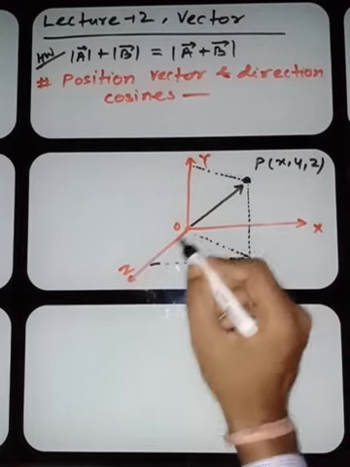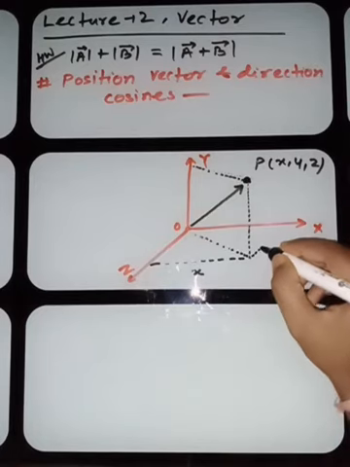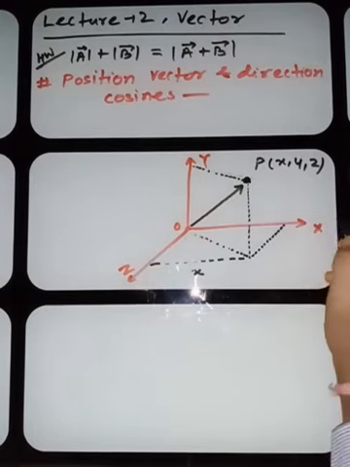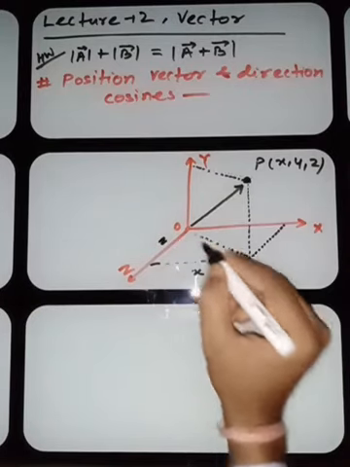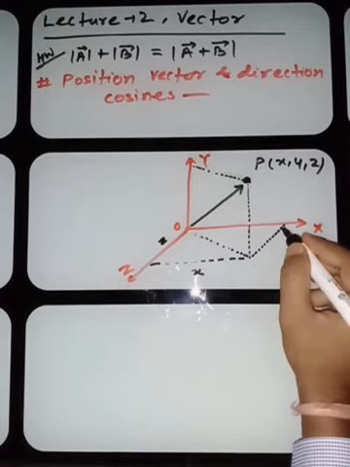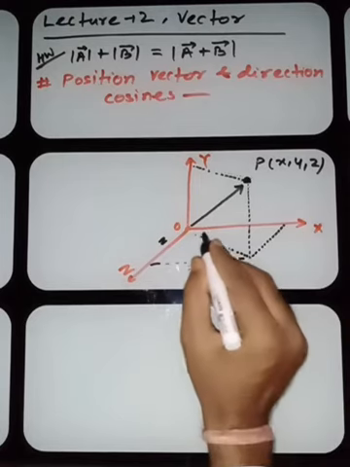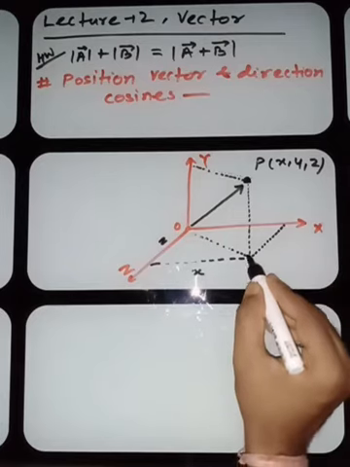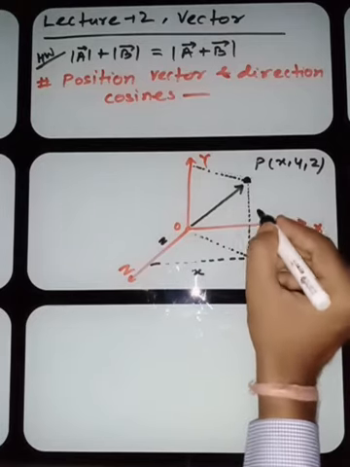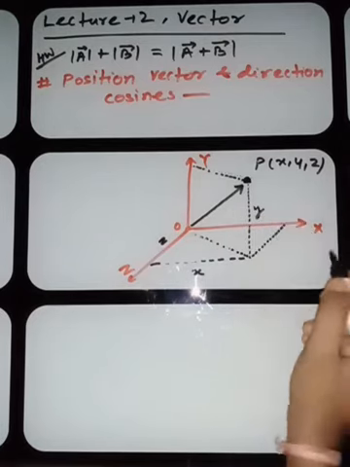And along the z-axis, how much distance does it travel? It is the z unit. If this is x, this could be the x. And over the y-axis, it covers the length y.